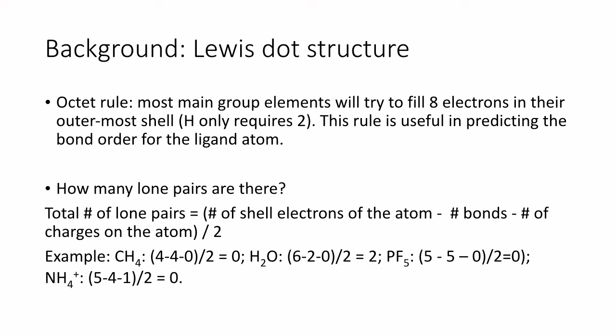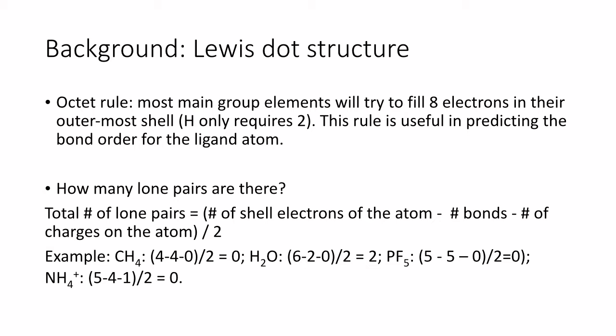A brief background, we're going to talk about two things before we move on to the VSEPR theory. The first thing is the octet rule, which I believe most of you should be familiar with. It basically says that most main group elements will try to achieve 8 electrons in their valence shell when they form chemical bonds.